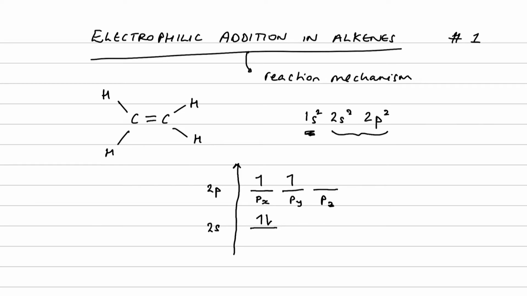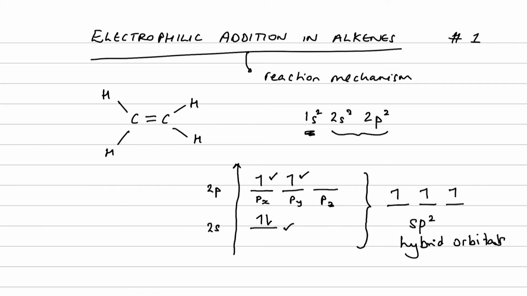But when we're forming a carbon-carbon double bond, what the carbon atoms in ethene do is they hybridize, or mix up, the 2s with the 2px and the 2py orbitals to make 3 identical sp2 hybrid orbitals, and it places 3 electrons into those orbitals.